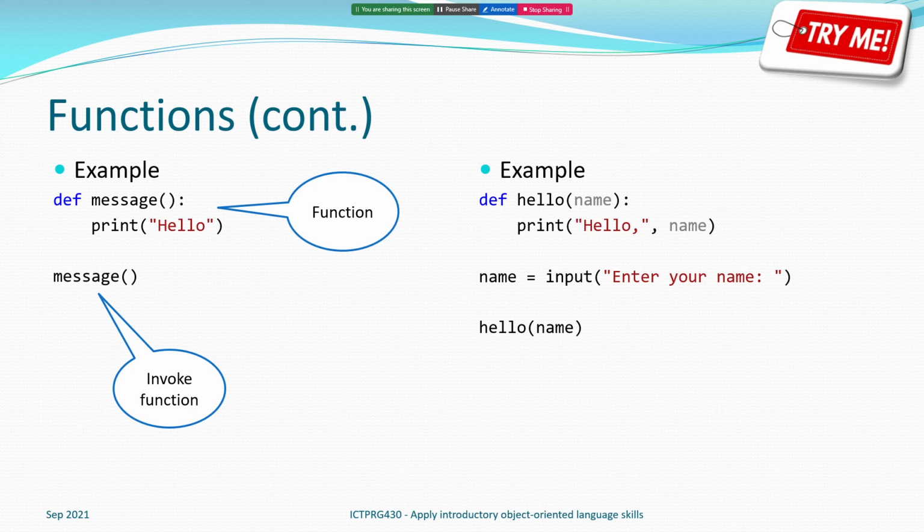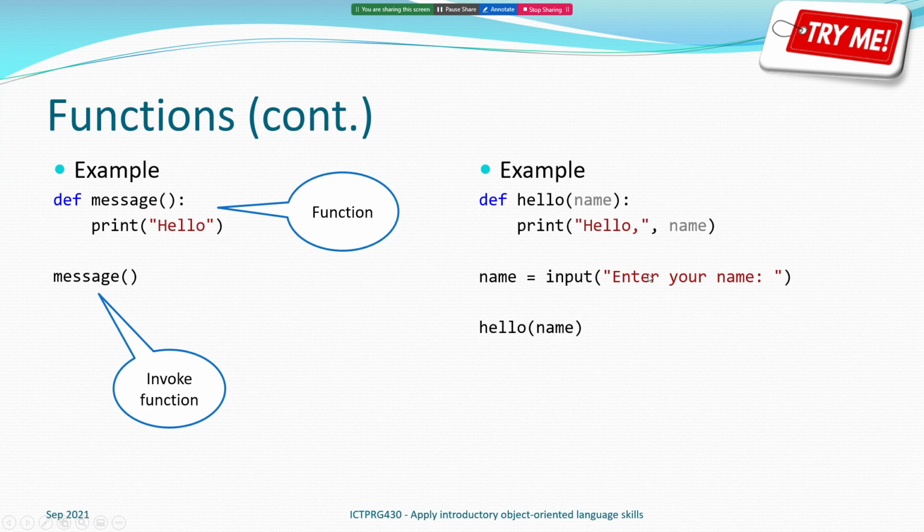So what we can do is expand on those basic functions. So here, same basic function, but we're adding a parameter, which is name, and then we're going to define name as an input.